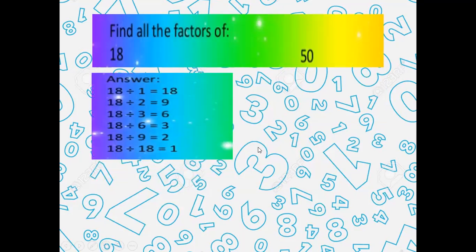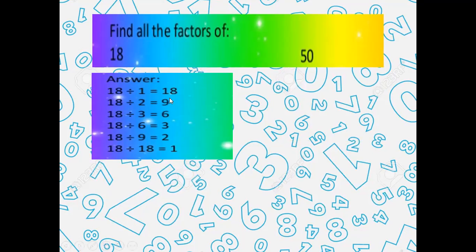So we have 18 divided by 1, we got 18. And then 18 divided by 2, we have 9. And then 18 divided by 3, we can have 6. 18 divided by 6, we can have 3. And 18 divided by 9, we can have 2. And 18 divided by 18, it's 1.